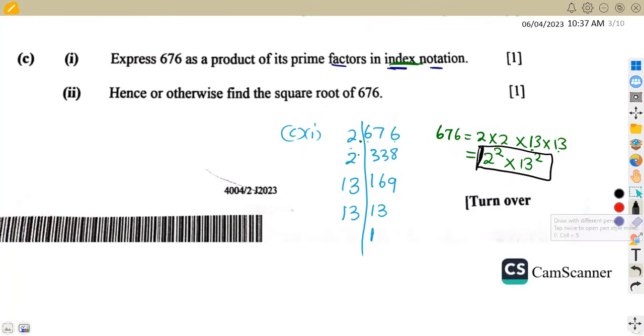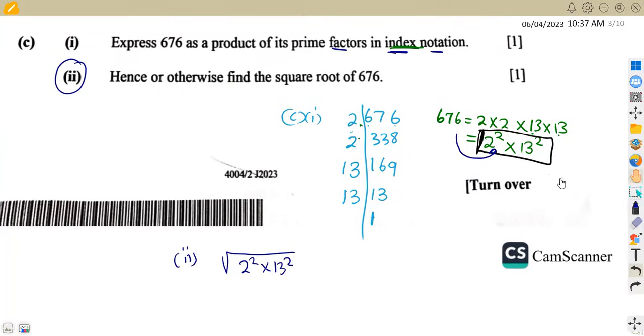Then the question further goes on to say, hence or otherwise, find the square root of 676. So the square root of 676 can be determined since we have 676 as a product of its prime factors as 2 squared times 13 squared.